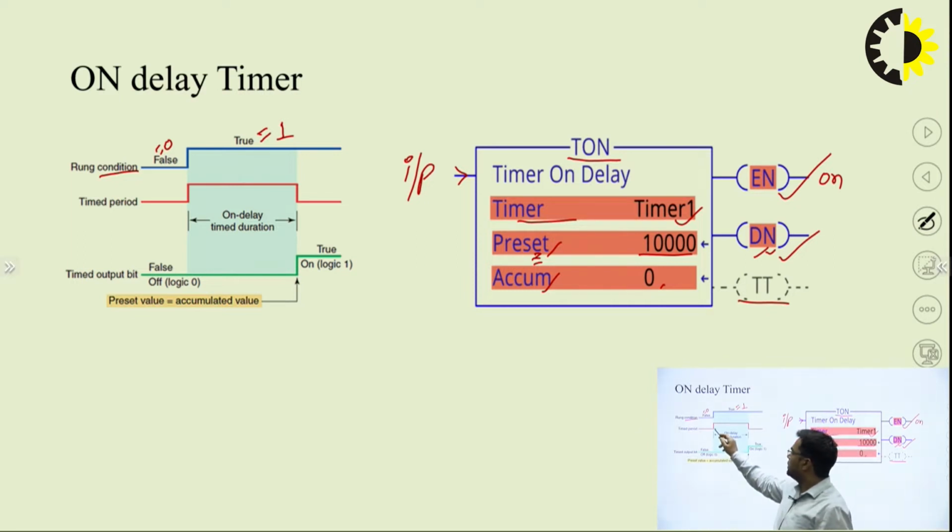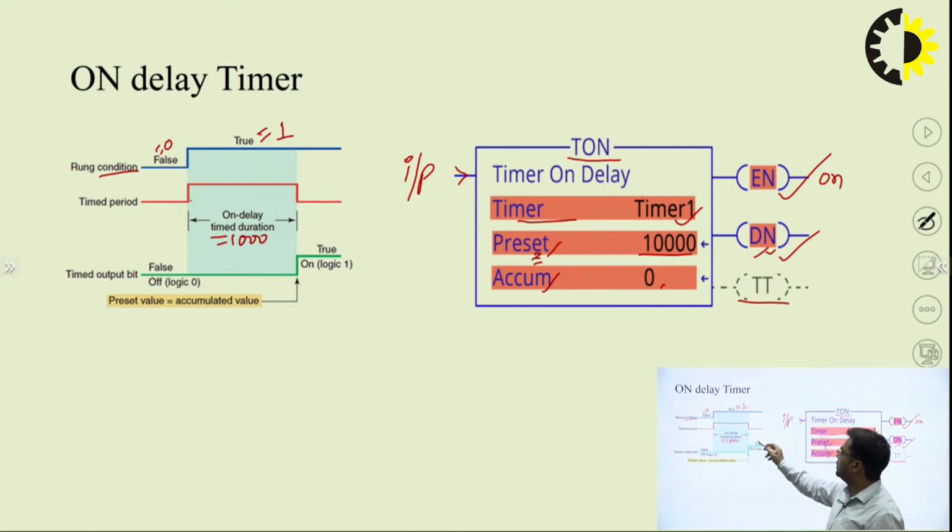Suppose we take a time duration of 1000. After 1000, the system is on delay, and the timer output bit changes from 0 to 1, meaning the done bit will be on. With this condition, the preset value equals the accumulated value. So this concept is used in an on delay timer.